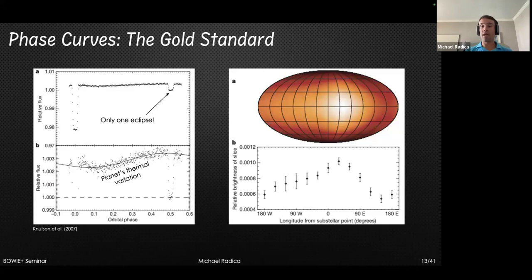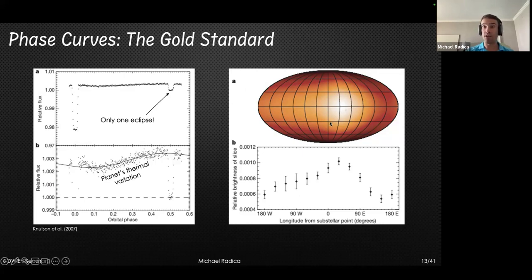And what this phase curve then allows you to do is invert it in order to get a map of the temperature on the planet's surface. An important thing to keep in mind here in panel A is that the latitudinal information is mostly made up. The actual longitudinal information, though, is what we can infer from the phase curve.